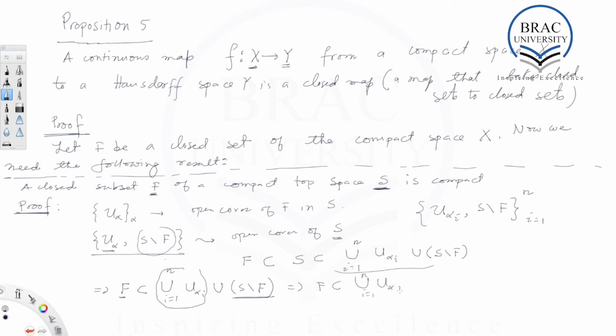F must be here. So we took an open cover U alpha of F in S, and we ended up with a finite subcover of F of this cover in S, which proves that F is compact.